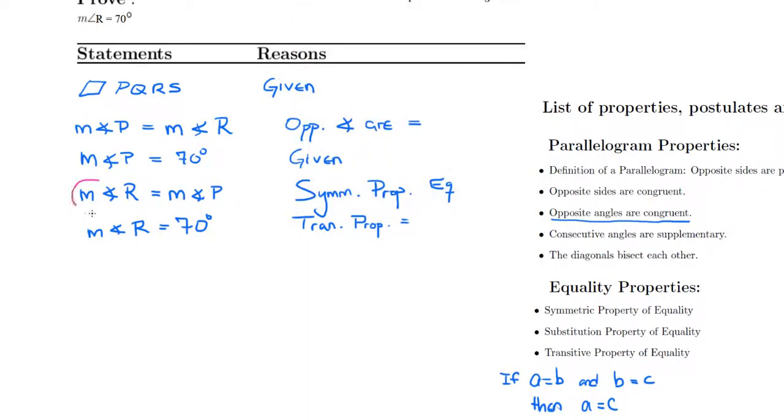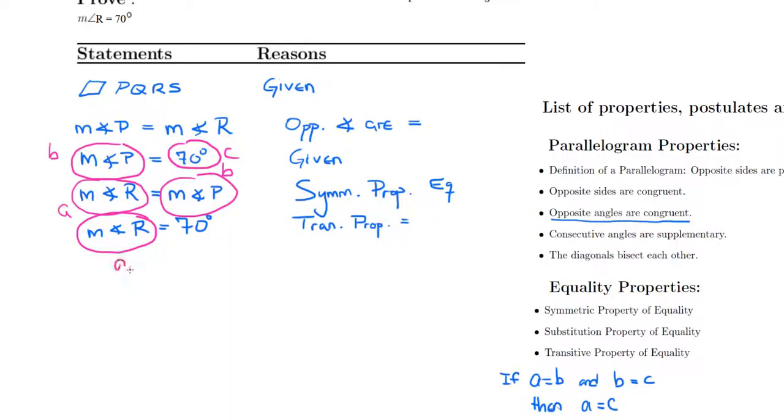This one here is your A. So this one is A. This one here is your B. This one is B, and this one is C. So if A is equal to B and B is equal to C, then A is equal to C. Okay, so that's how I'm using the transitive property, and that's why I use the symmetric property of equality.